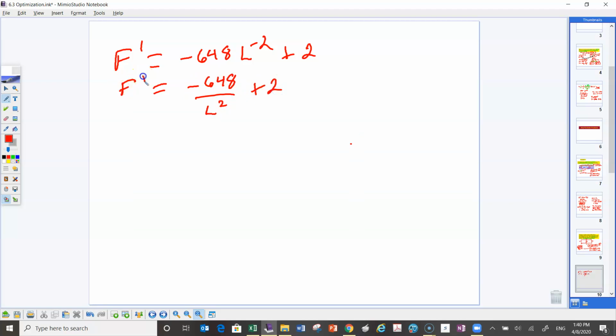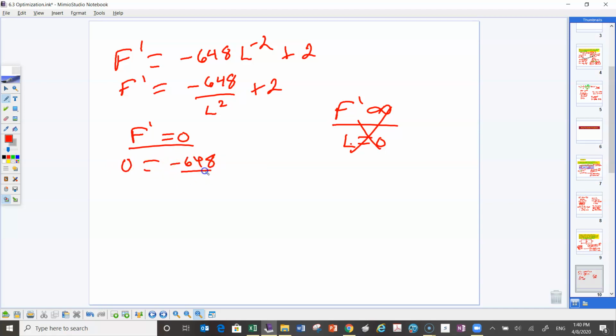That's my derivative. So I'm going to figure out what makes the derivative 0 and what makes the derivative undefined. Well, the value that makes it undefined is when L is 0, but we can't have a 0 length, so that one's inadmissible. To figure out what makes this equal 0, I'm just going to set the whole derivative to 0. I'll add my fraction over to the other side.